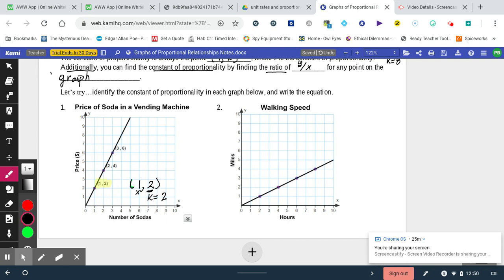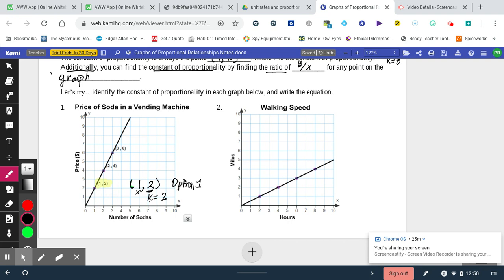Now there is another way of finding it. This is option 1: just look for an ordered pair with an x coordinate of 1, and then the y value becomes your constant of proportionality.